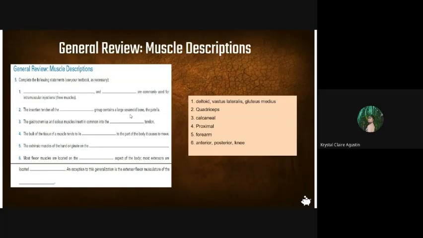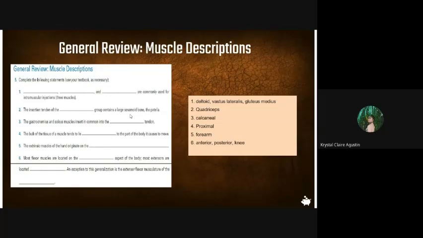Number 3, the gastrocnemius and soleus muscles insert in common into the blank tendon. So the answer is calcaneal. Number 4, the bulk of the tissue of a muscle tends to lie blank to the part of the body it causes to move. The answer is proximal. And number 5, the extrinsic muscles originate on the blank.